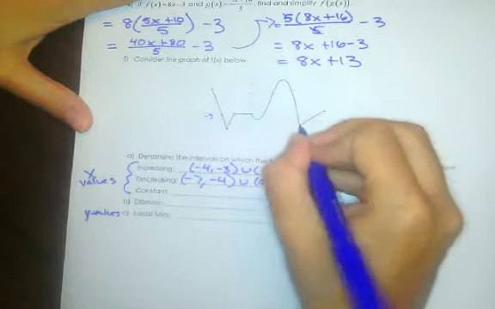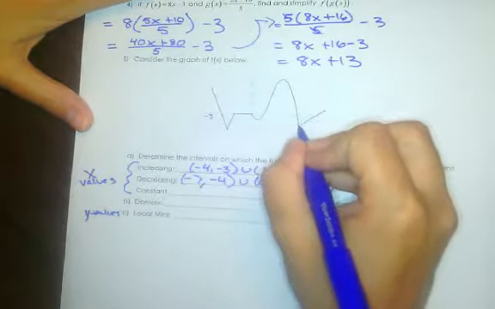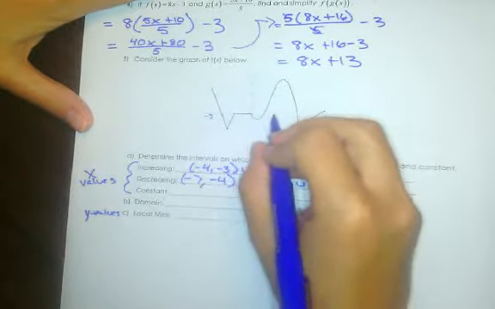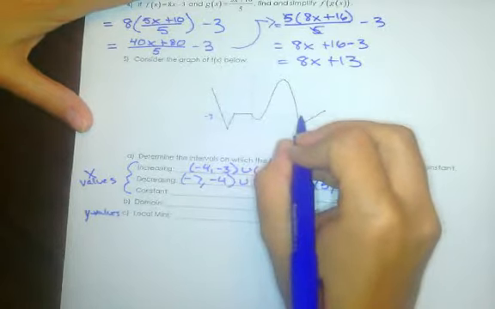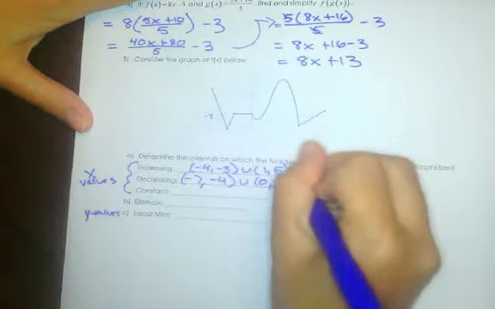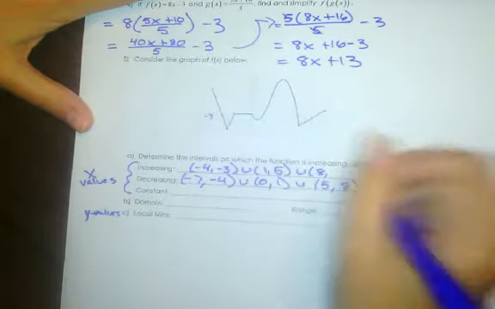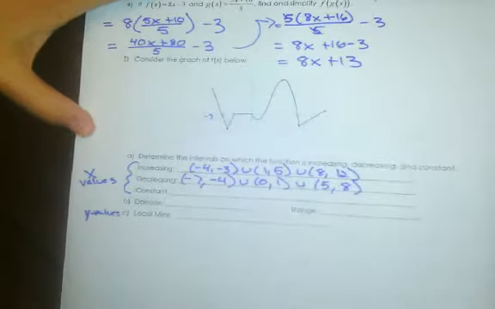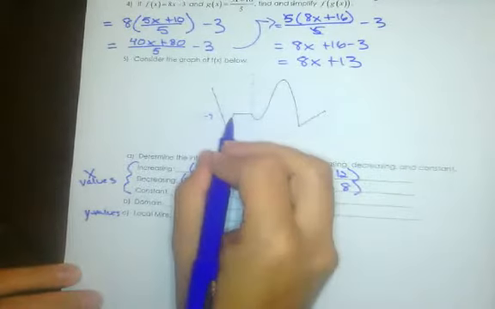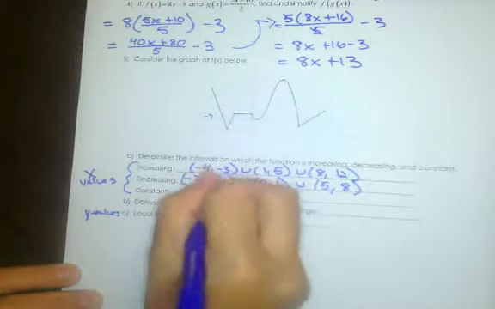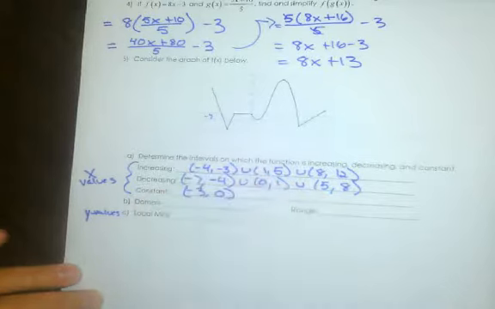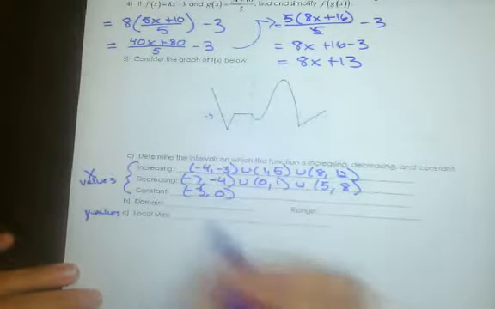And then it's increasing again from 1, 2, 3, 4, 5, 6, 7, 8 until 9, 10, 11, 12. Okay? And then it was just constant from -3 to 0. So -3 to 0. So we have those as our intervals of increasing, decreasing, and constant.